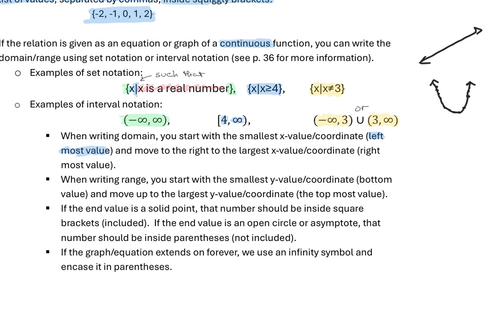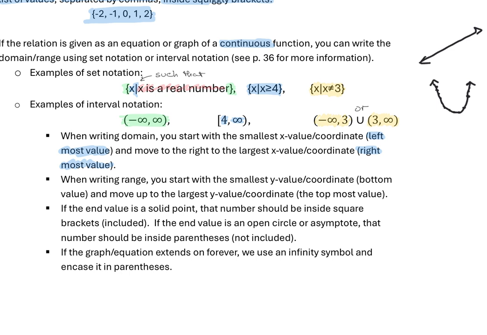And we want to move to the right to the largest x value or coordinate, which is our rightmost value. And those are going to be the two things that we put inside our parentheses or brackets. So domain, we are going from left to right, and we only care about x coordinates.